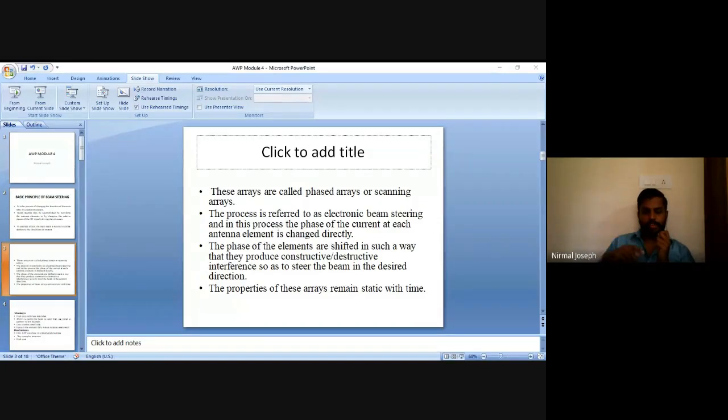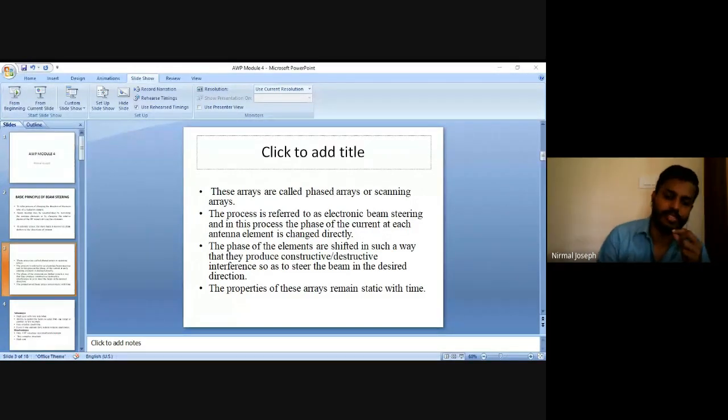Suppose some 10 elements are there. The first element is radiating a sine wave. The second element is radiating a sine wave, but its phase will be shifted. Suppose the first element is radiating a sine wave, and the second element is radiating a sine wave shifted by 90 degree.